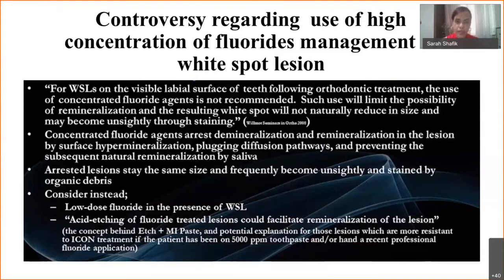But what fluoride does is that it goes deep in the superficial pores, leaving the subsurface as it is. So the surface of the lesion is going to remineralize, but the subsurface will stay as it is, giving the same white color.